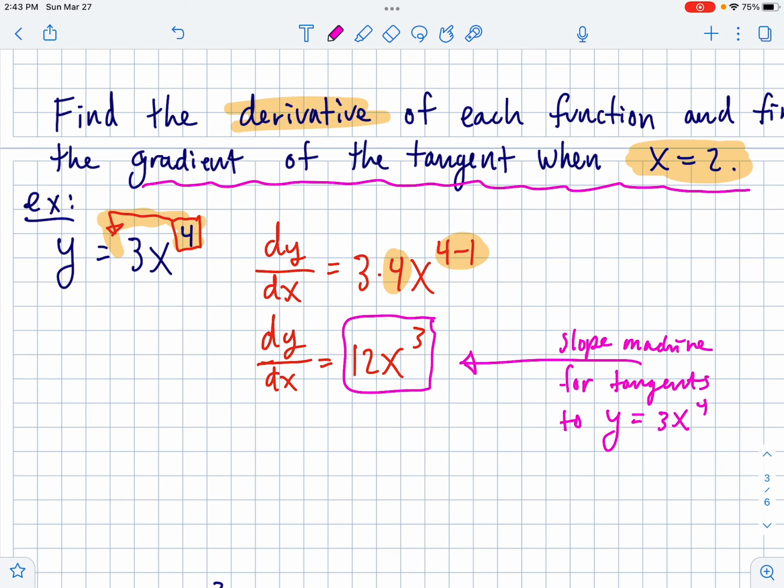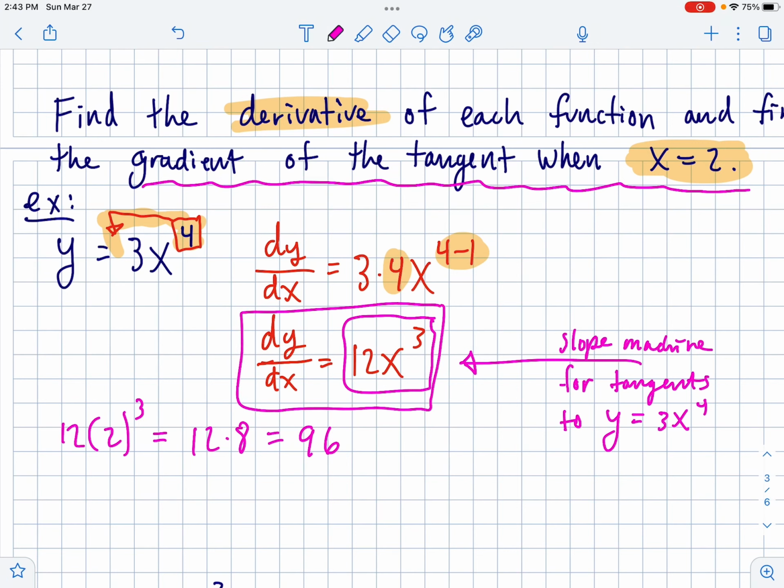The last part of all these questions is find the gradient of the tangent when x is equal to 2. So we put a 2 into that, and we'll say 12 times 2 cubed. Now 2 cubed is 8, so we get 12 times 8, so this is 96. So the derivative is this. This is part of our answer. This is the derivative.